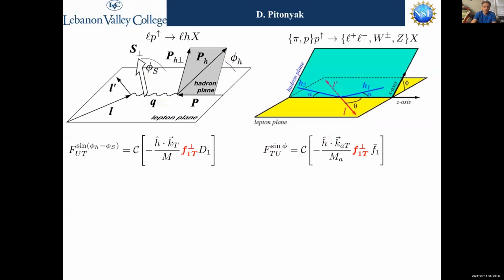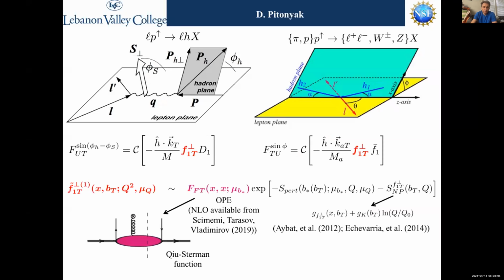It generates the single spin asymmetry, the sin(φh − φS) asymmetry in SIDIS, by coupling to the unpolarized fragmentation function D1, and the sin φ asymmetry in Drell-Yan by coupling to the antiquark or quark distribution function in the other unpolarized proton.